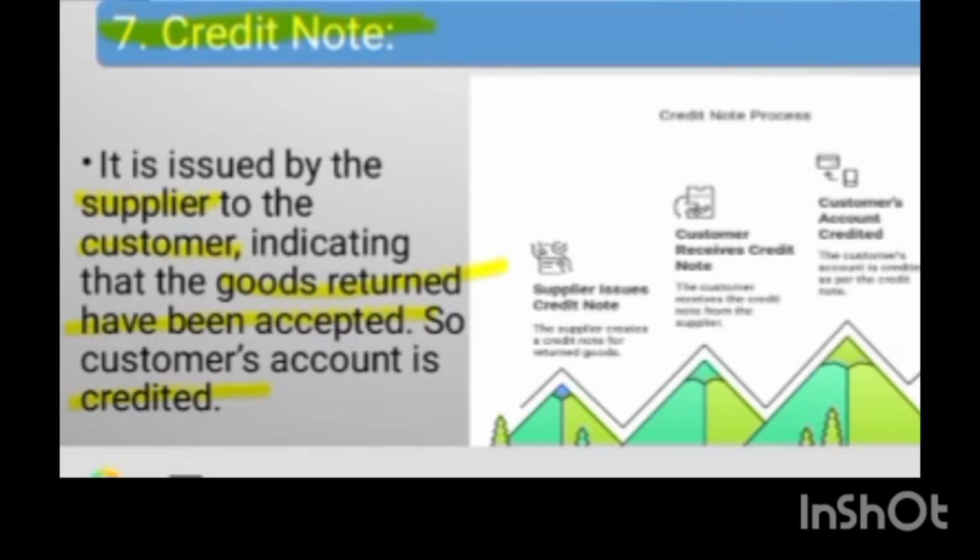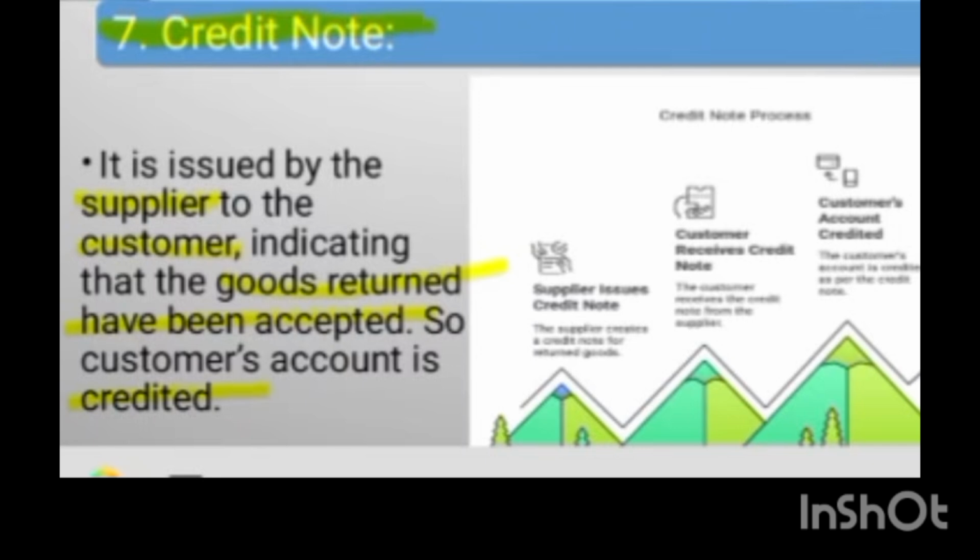Right. When the supplier will receive the goods back, receive the returned goods from the customer, and he will verify it, then he will issue the credit note to the customer.